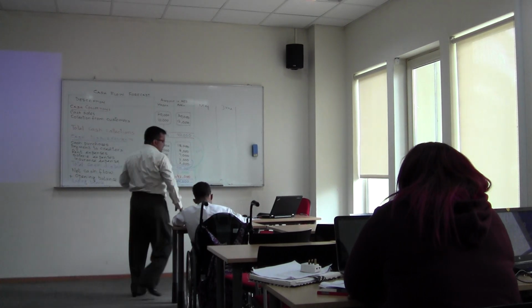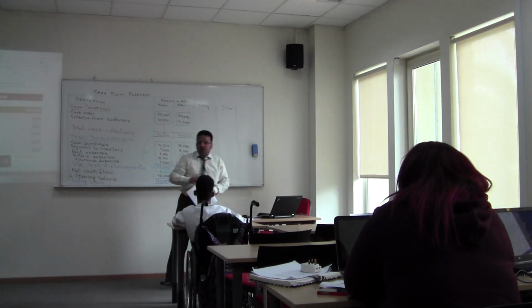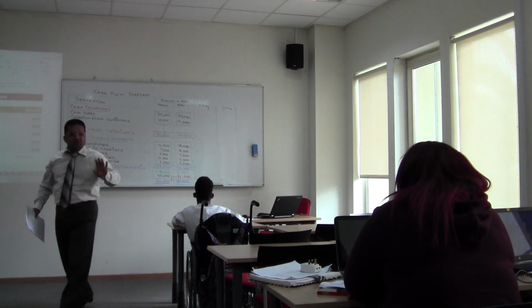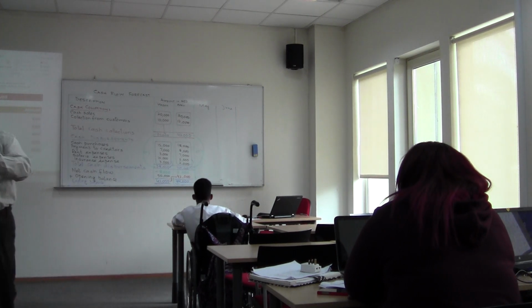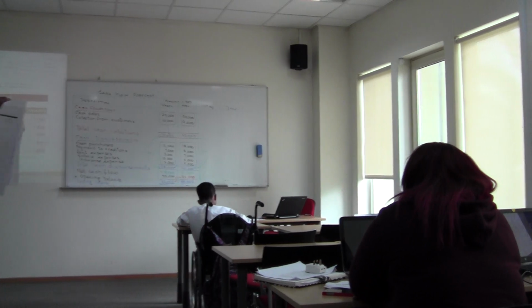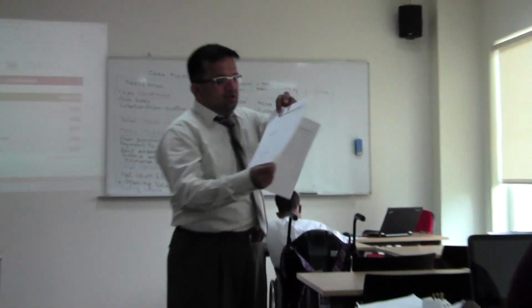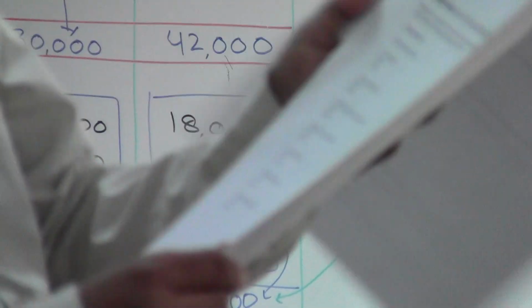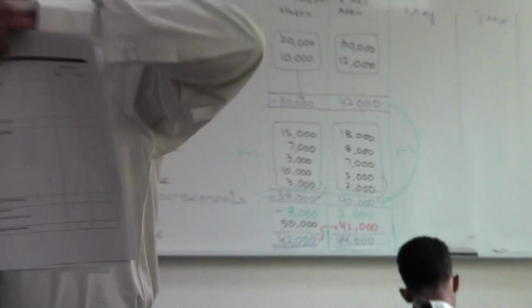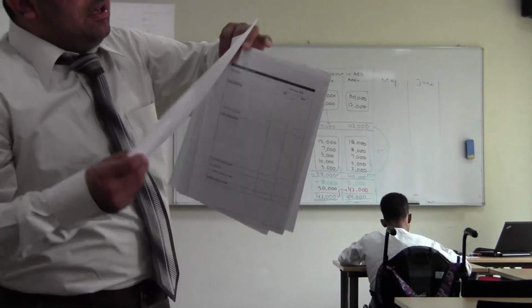Now your part is, all of you understand the concept, how to calculate it, how to make it. Now please, page number 5 has an activity, and on page number 6 I gave you the template.